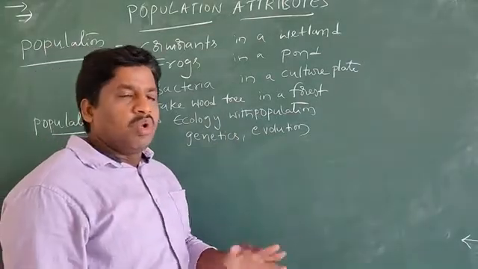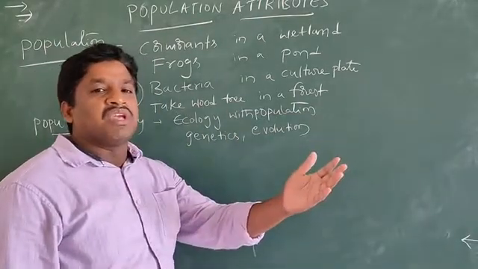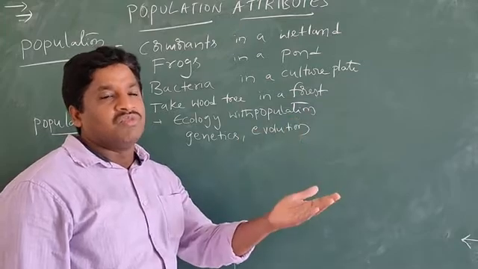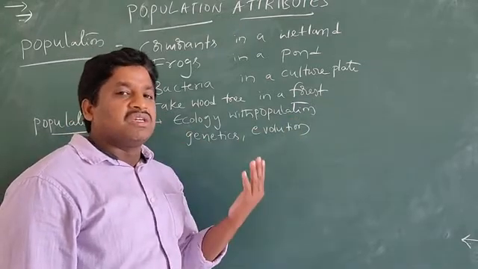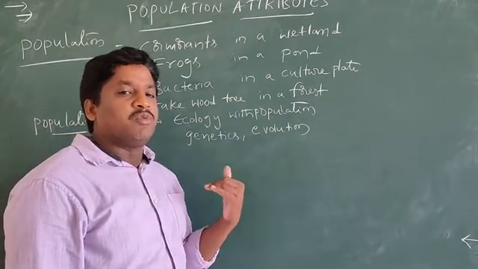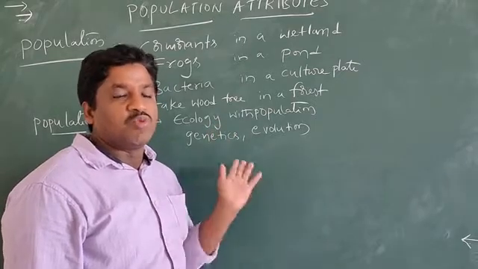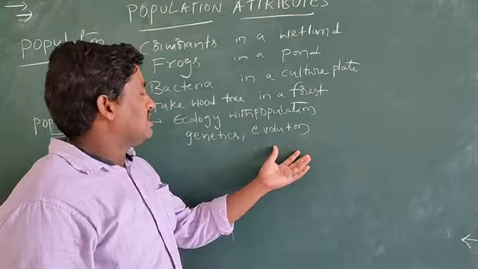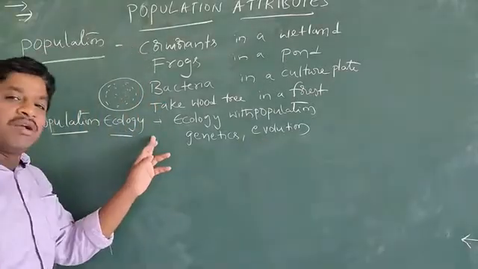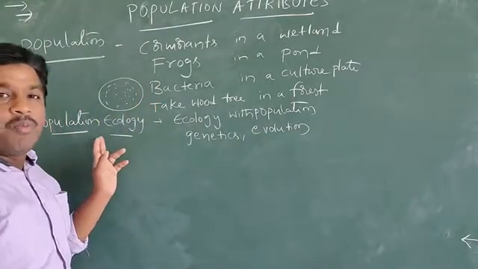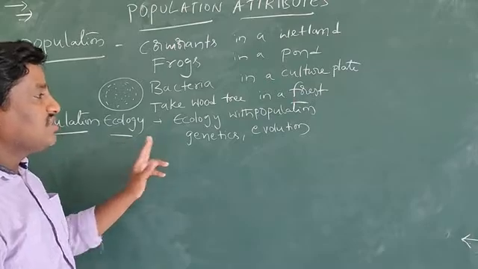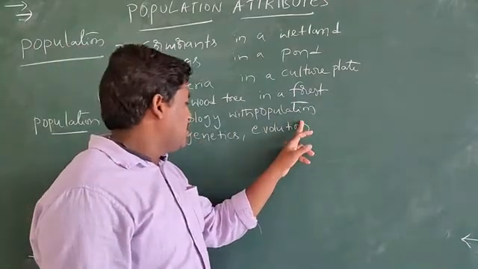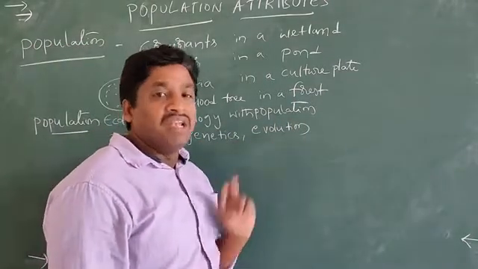Evolution: from one generation to another you can see so many changes. How ancestors were and how human beings are nowadays shows so many changes. That evolutionary change is linked to population ecology. So population ecology links ecology with population, genetics and evolution.